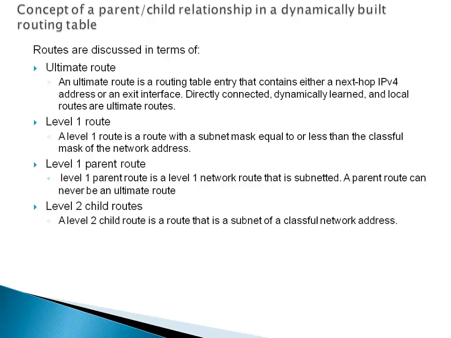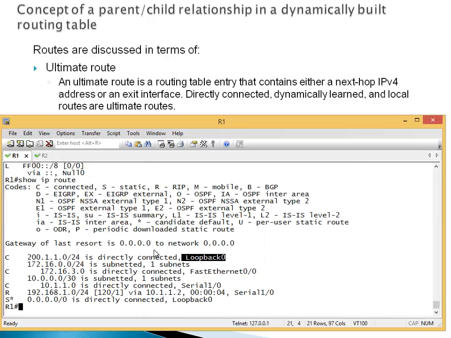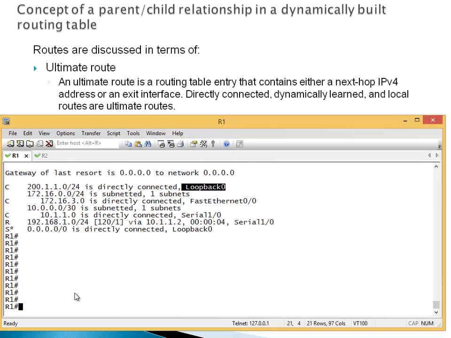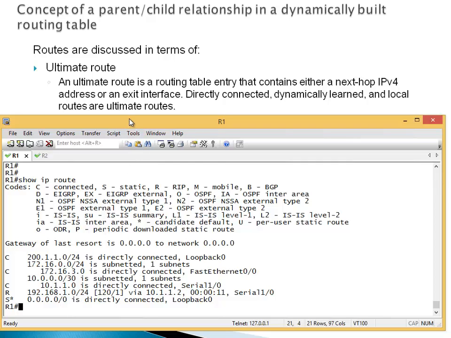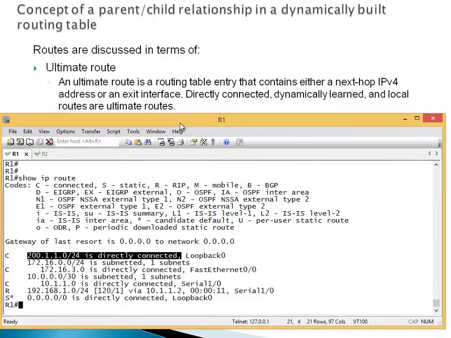Okay, if I go to router 1 and run the command show ip route, I can see that first I have ultimate routes. One of the ultimate routes is the directly connected route. For example, this route towards the internet is directly connected and has an exit interface, so this is an ultimate route.